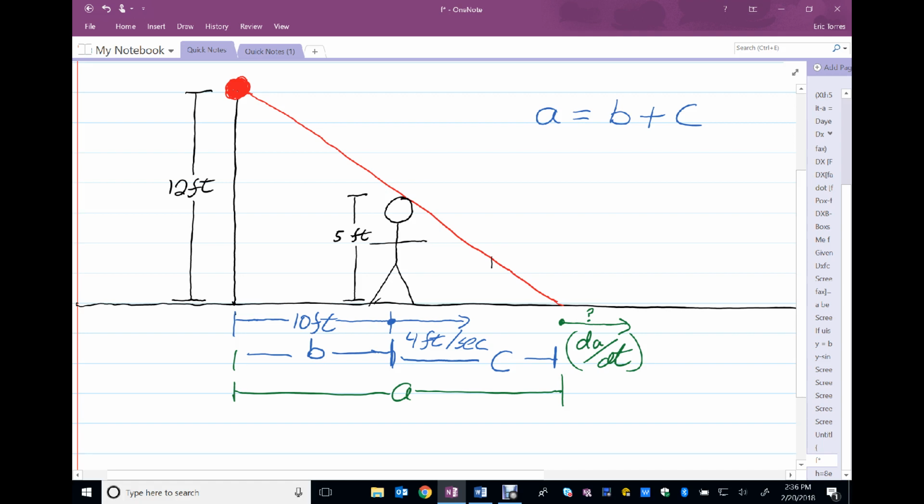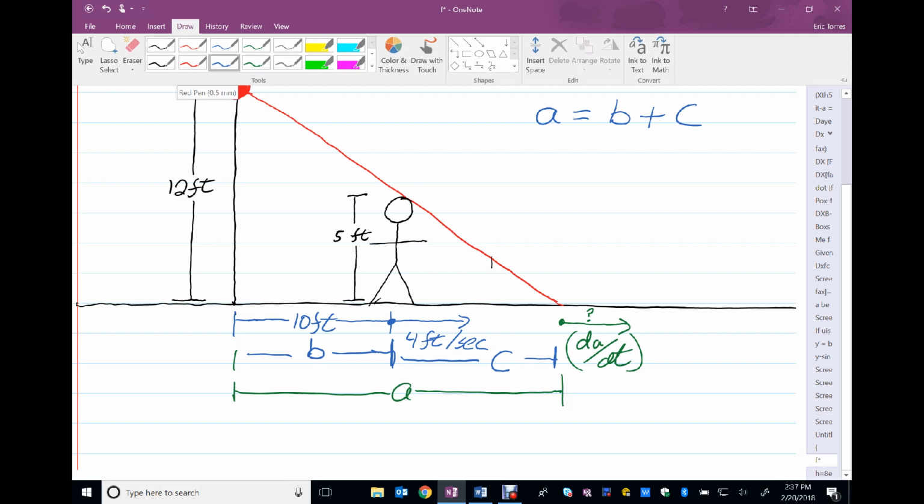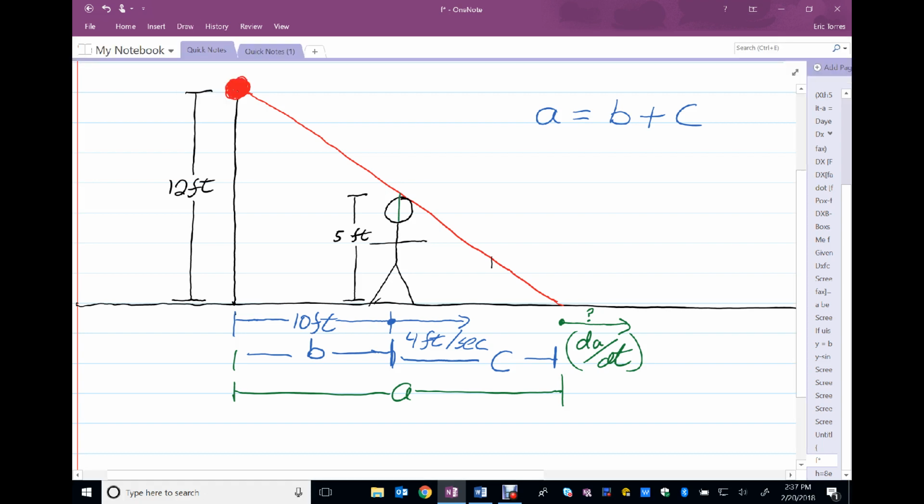Well, if you'll notice, I'm gonna make a little triangle here. This is a triangle in green made by the man and his shadow, and that's inside the larger triangle made between the light pole and the ground. So I've got two triangles. They have the same angle where the light meets the ground on his shadow.